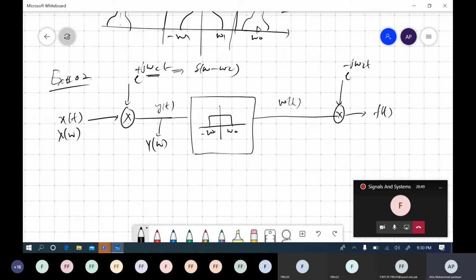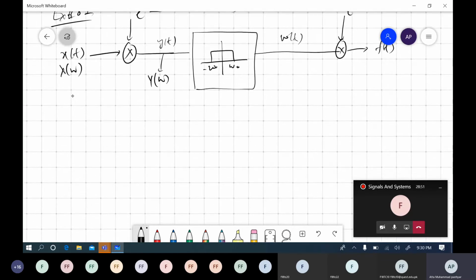Now for example, we want to see this x of j omega, for ease, we don't want to use this symbol. We say this x of j omega is this signal, right? It goes from minus omega 1 to plus omega 1.